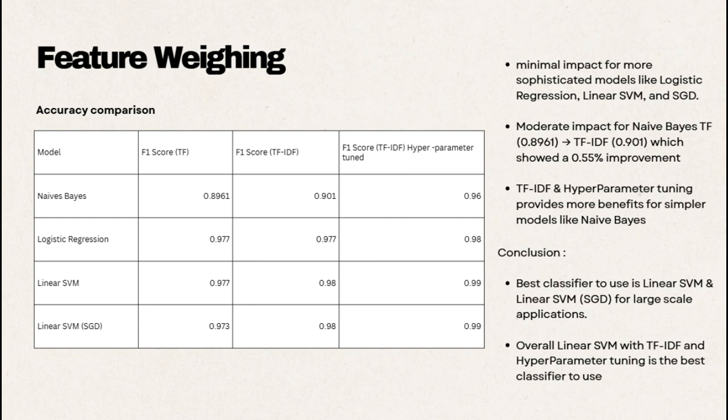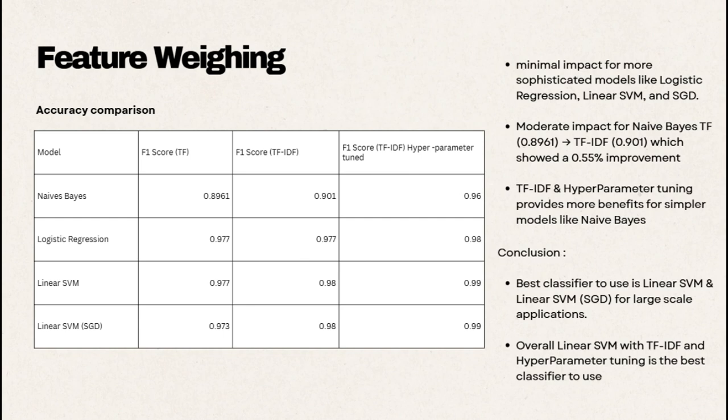this is the accuracy comparison that we got from each model. There was minimal impact for more sophisticated models like logistic regression, linear SVM, and SGD, but there was a moderate impact for naive Bayes when we changed from TF to TFIDF.